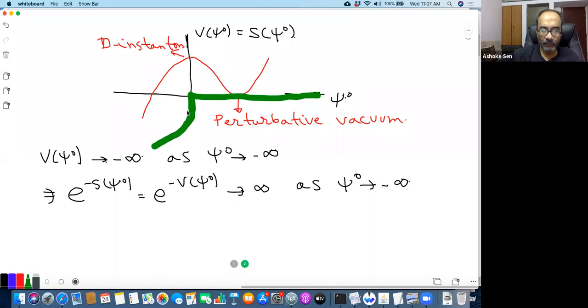It goes up and turns around. So the full integration contour includes the full steepest descent contour of the perturbative vacuum, which reproduces the perturbative amplitudes, in fact the Borel-resummed version of the perturbative amplitudes. And the instanton contour, this part of the contour, gives half of the steepest descent contour of the instanton.